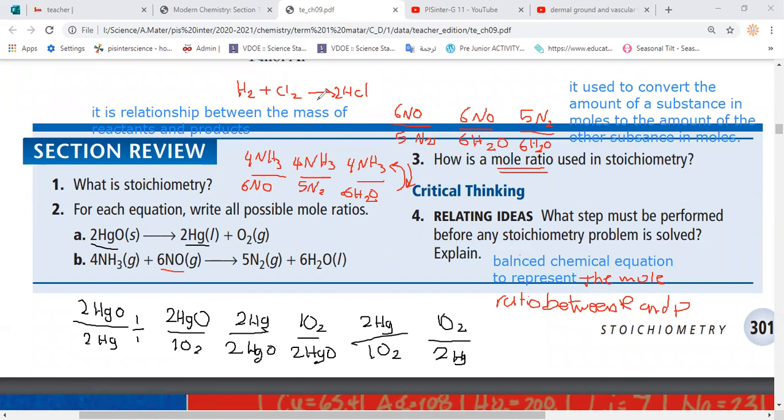Atoms can neither be created nor destroyed. Without balancing, we start with 2 hydrogen atoms but end with just 1, and that cannot happen, because where is the other hydrogen atom? It must still be found. So we must balance the chemical equation to satisfy the law of conservation of mass and to represent the accurate mole ratio. Is it clear, guys? Yes. Okay, so let's pass to the next.